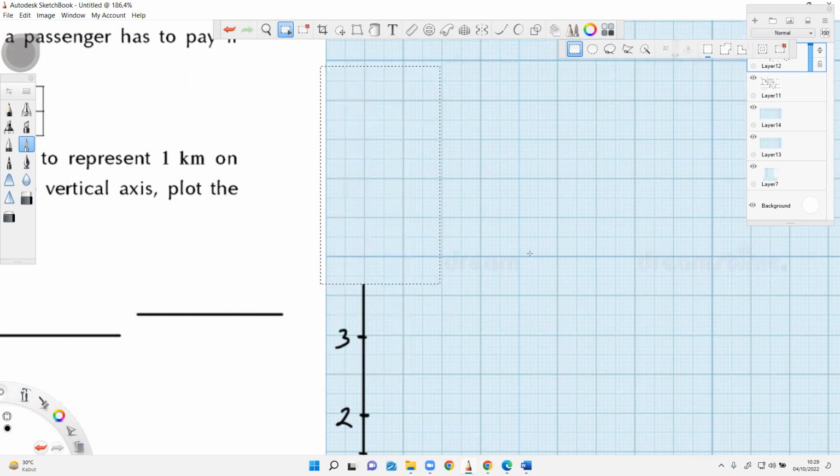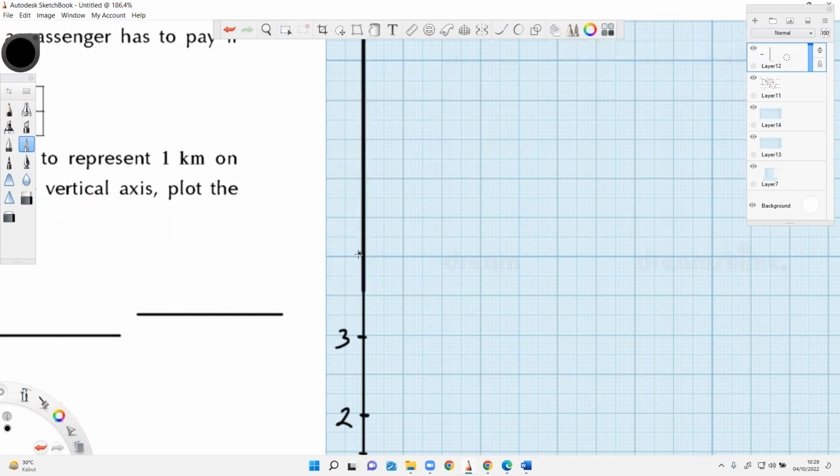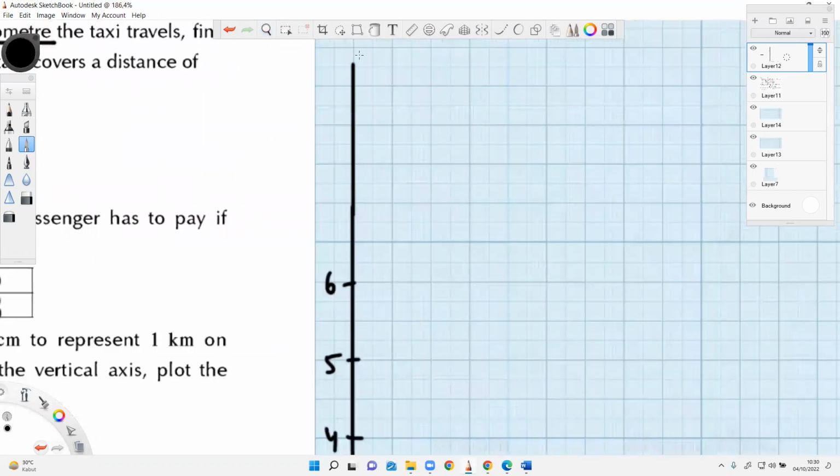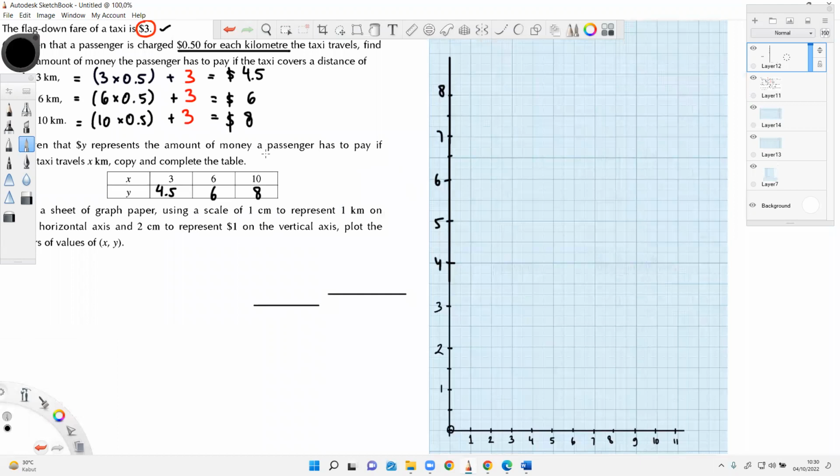There you go. And I will redo 4, right? 5, 6, 7, each 2, 8. Understand, guys? Do you have any difficulties understanding this drawing? No? Sure? Okay, let's see.